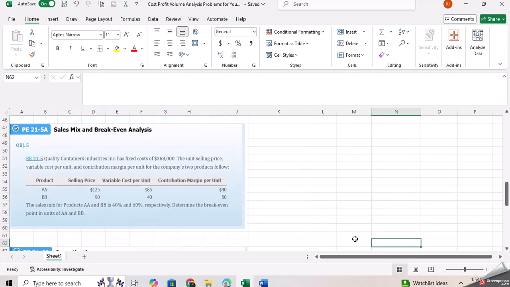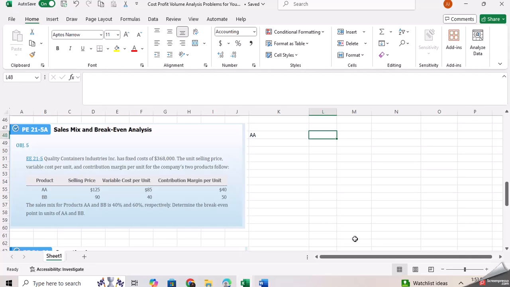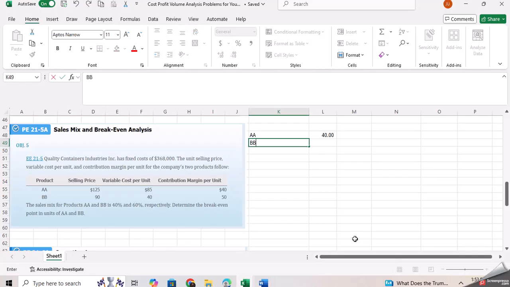Then our sales mix and our break even analysis. We have two products. So we have AA that has a selling price of $125, variable costs of $85. Subtract those to get to the contribution margin of 40. And then we have the BB that again has a selling price of 90, variable cost of 40, so contribution margin of 50.